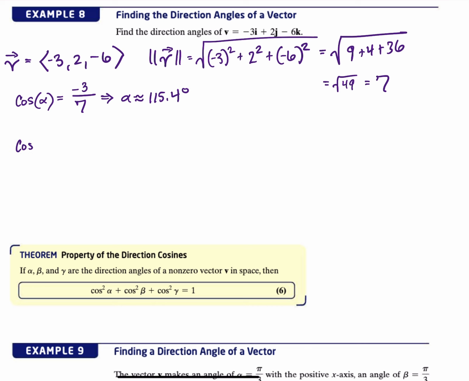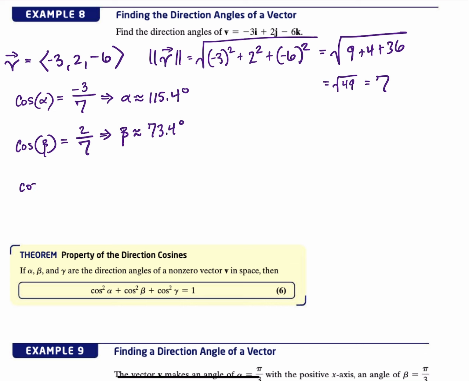Then the cosine of beta will be our b component, which is 2 divided by the magnitude. Take the inverse cosine and you should get that beta is approximately 73.4 degrees.